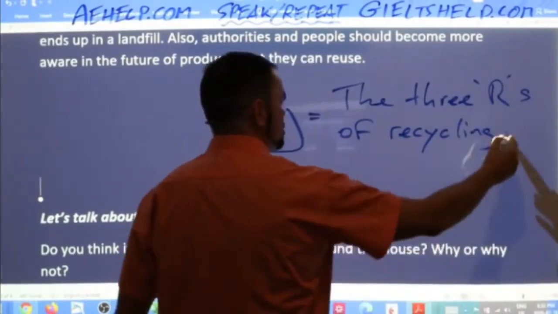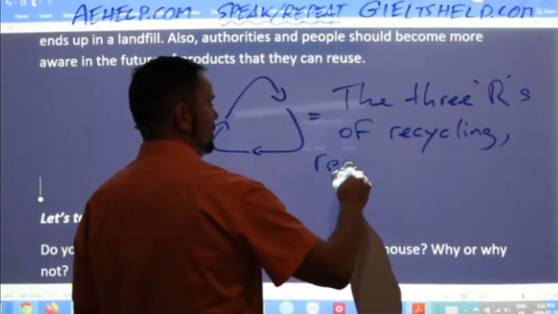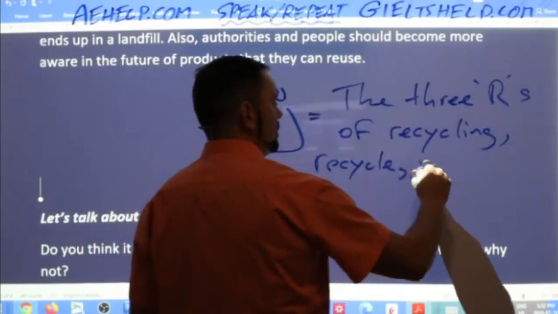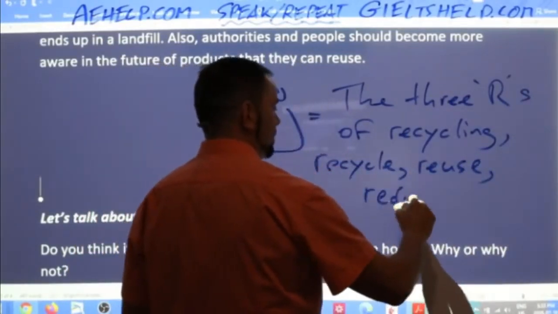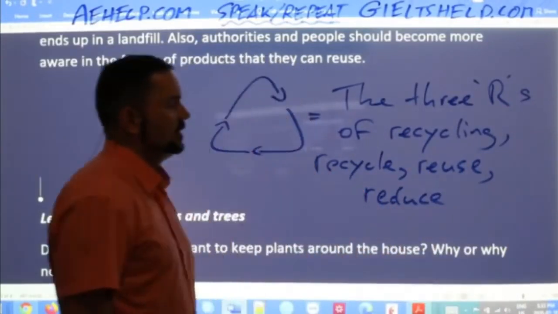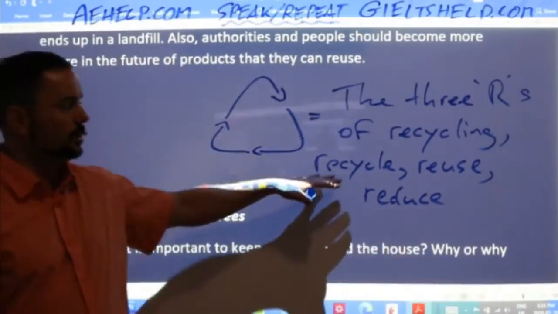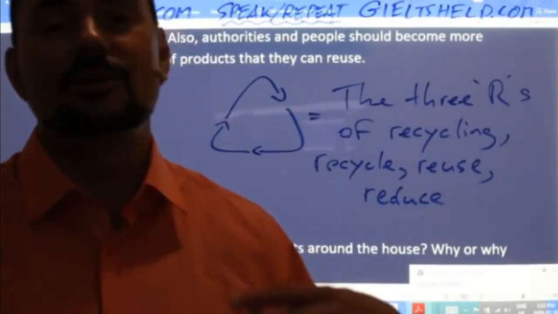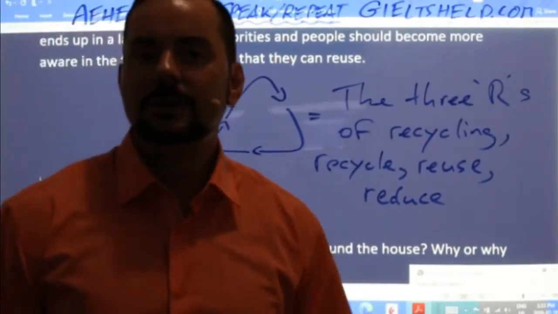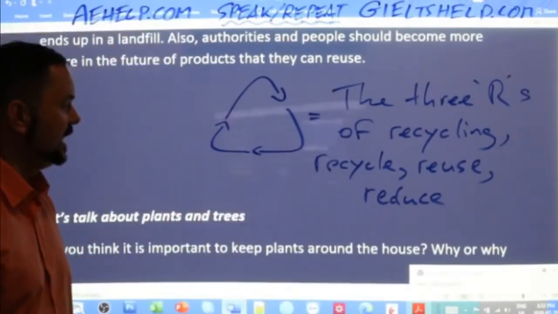And it actually means recycle, reuse, reduce. So this is the message that's being sent to the world and to people to sustain the environment. This is just kind of a side note. I always like to share a little bit of what's important in the world today.